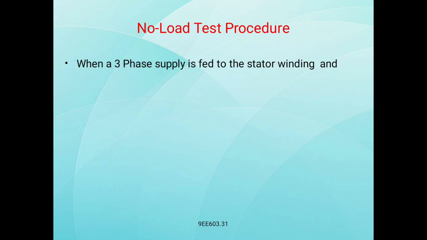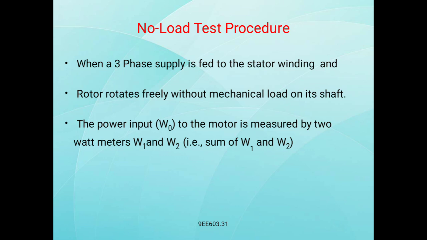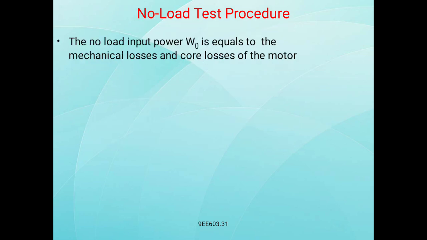The no load test procedure: a three-phase supply is fed to the stator winding and the rotor rotates freely without mechanical load on its shaft. The power input W naught to the motor is measured by two wattmeters W1 and W2. The sum of W1 and W2 gives the total power reading.